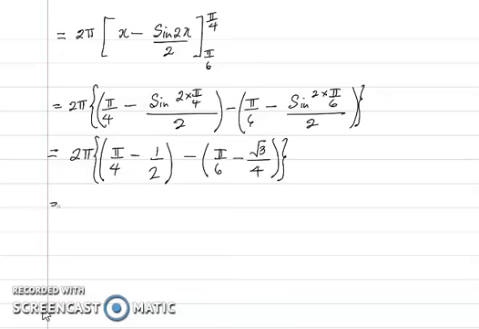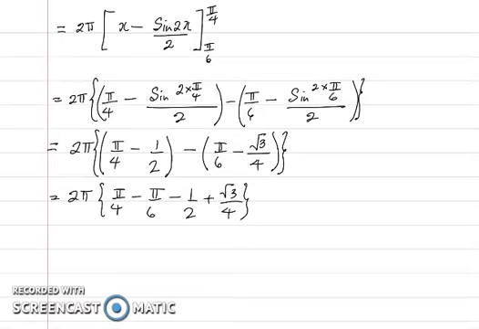And so this becomes 2 pi. This becomes pi by 4 minus pi by 6 minus a half plus root 3 over 4. All right, so let's simplify inside of the bracket a little.